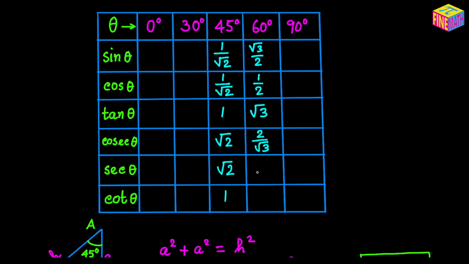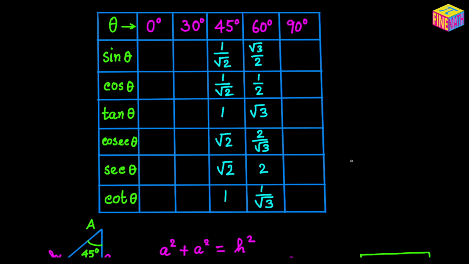Similarly, sec 60 degree would be the reciprocal of cos 60 degree, that would be 2, and cot 60 degree will be the reciprocal of tan 60 degree, which would be 1 by root 3. I am simply using the reciprocal values of each of those original values. For sine, cos and tan we found the values, and then I simply took the reciprocal of each of them to fill in these 3 other rows, right? So far we have been able to fill in 2 columns.